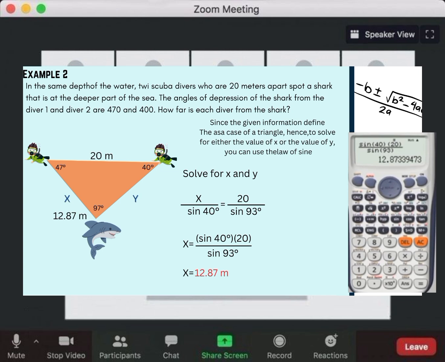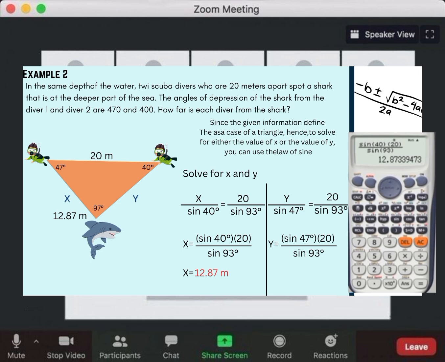So the distance between diver 1 and the shark is 12.87 meters. Now let's solve for y. We are still gonna use the same formula. y over sine 47 degrees equals 20 over sine 93. Next is cross multiply, which is y equals sine 47 degrees times 20 over sine 93.